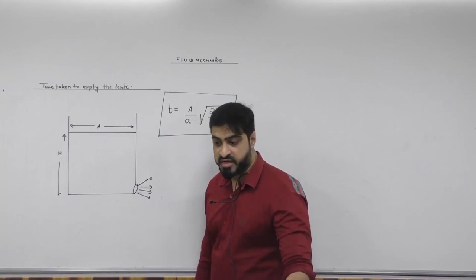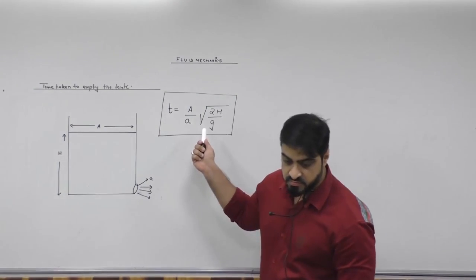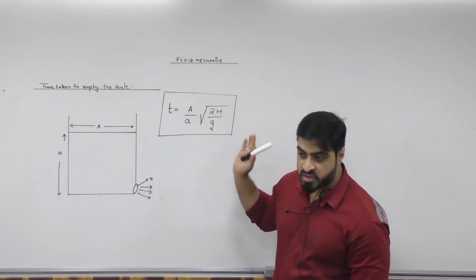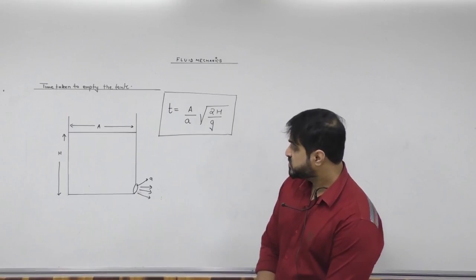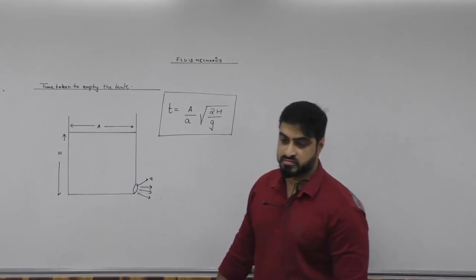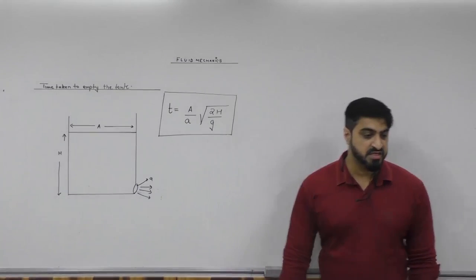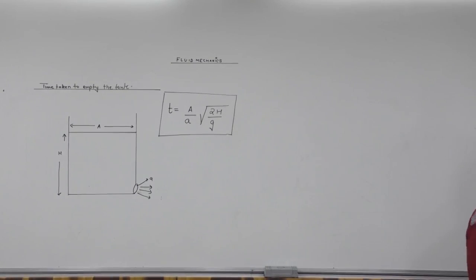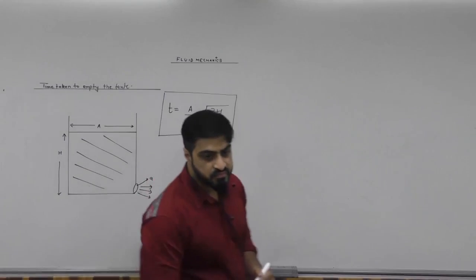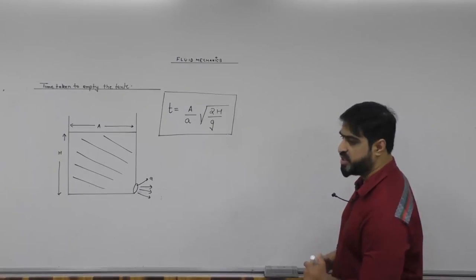One minute, try. The formula is in front of you. h to h by 2, h by 2 to 0. Ratio of that thing. Capital A and small a are the same. Okay? Look over here, please.